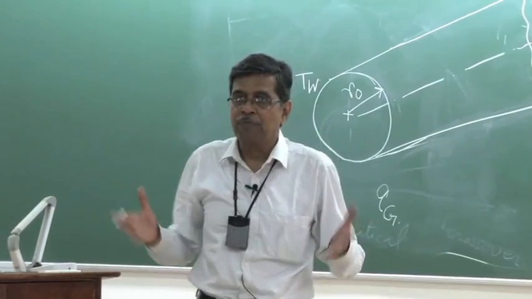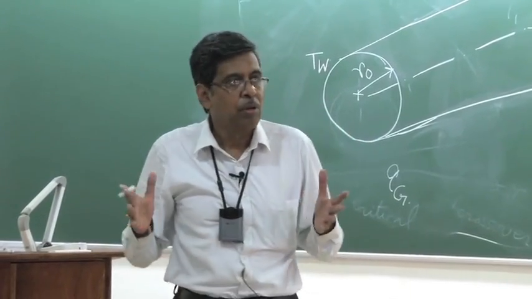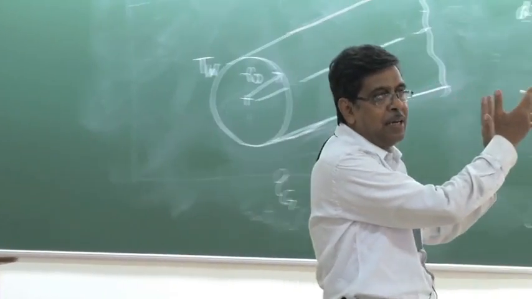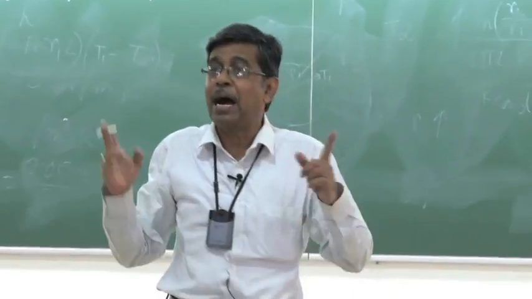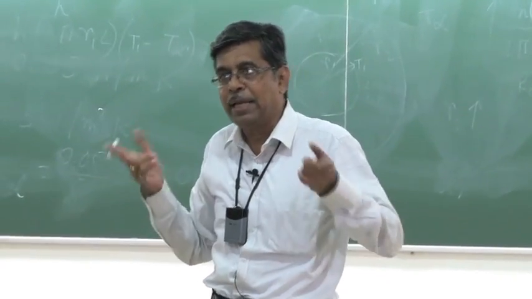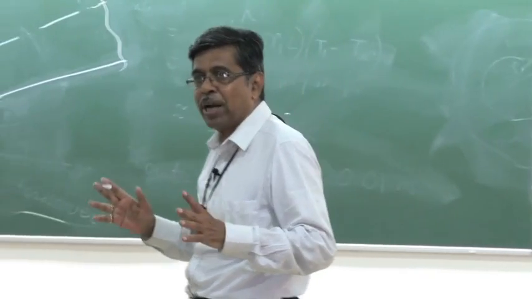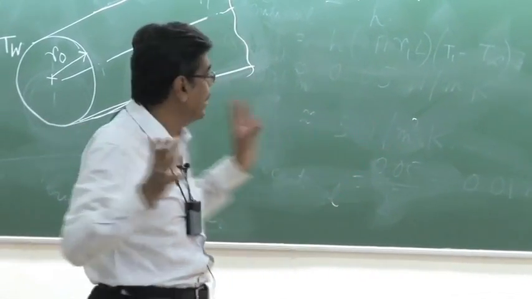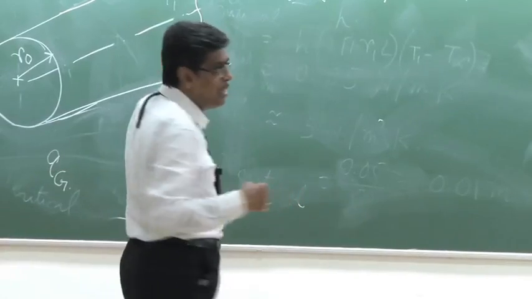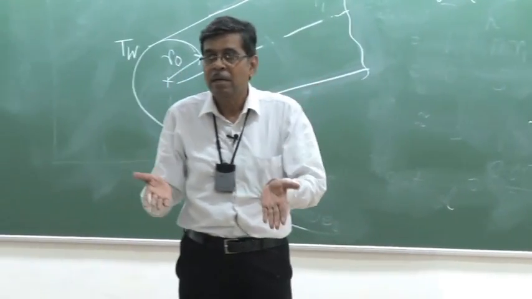You may get it from the general heat conduction equation for temperature distribution, but I will recommend, and I am telling you again and again, that for a steady one-dimensional heat conduction, you generate it from first principles. This may be cylindrical, this may be a plane wall.